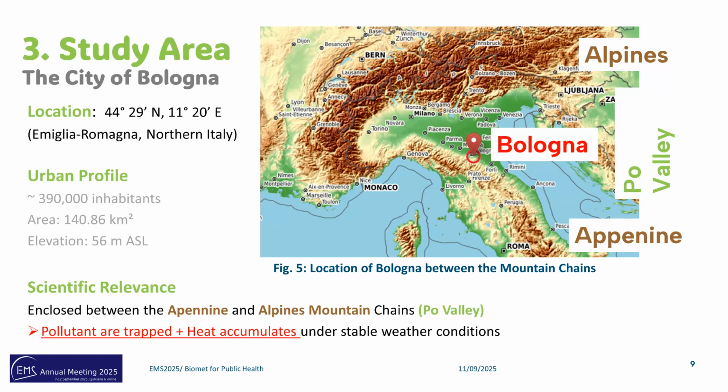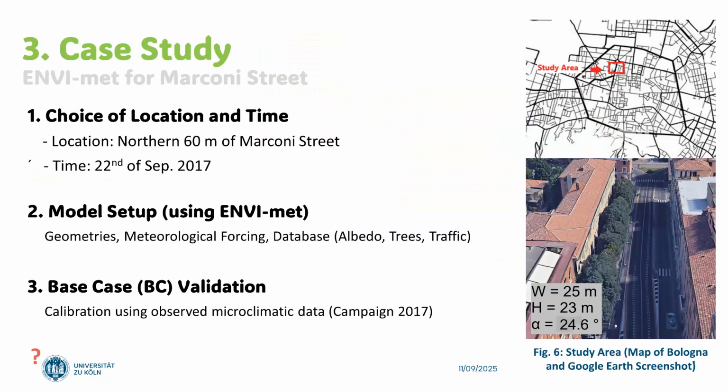And the problem there is that both heat and air pollution are trapped within the valley. So it is even more prone than some other cities to air pollution and heating. And within Bologna, I chose the Via Guglielmo Marconi. I hope I pronounce it well.